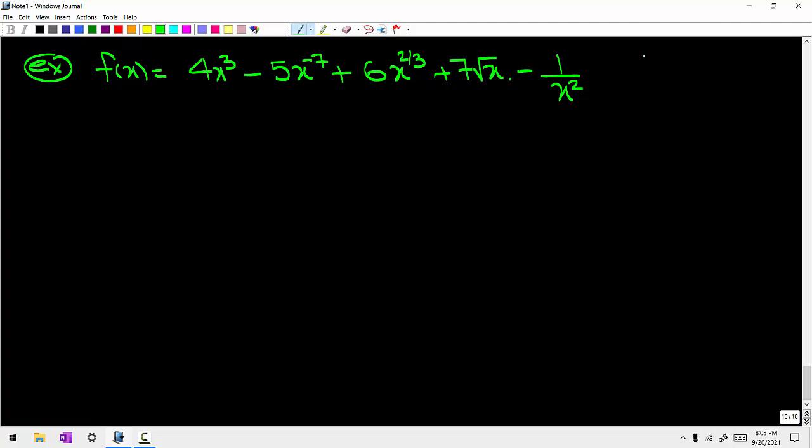Let's say I'm given this and they want us to find f prime of x, which means they want us to find the derivative of this function. We could try to use the formal definition, which would get absolutely cruel with all these goofy terms. This is where the shortcut comes in handy.